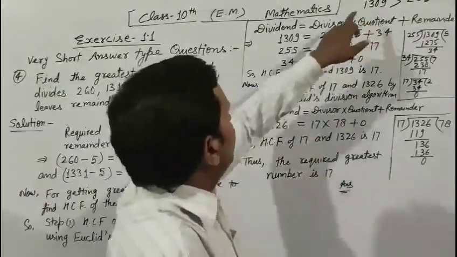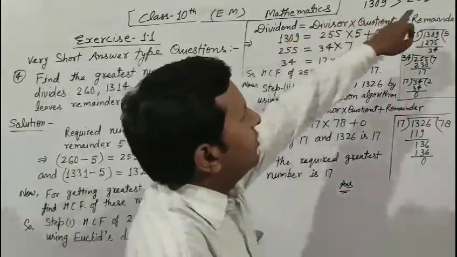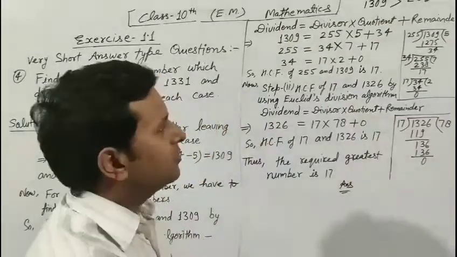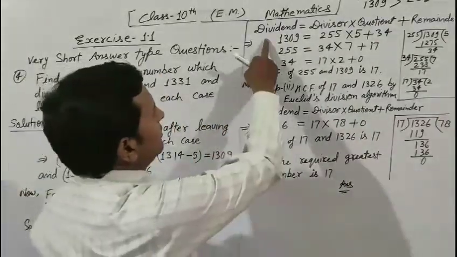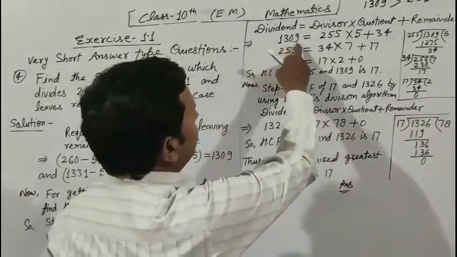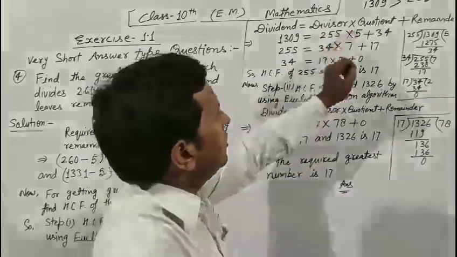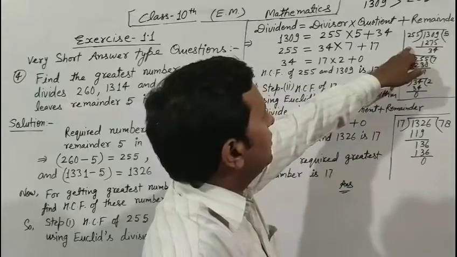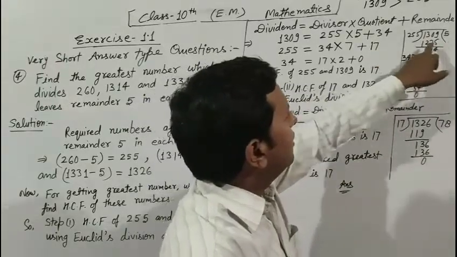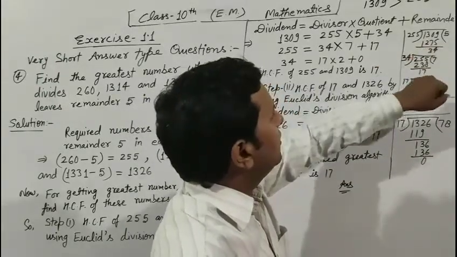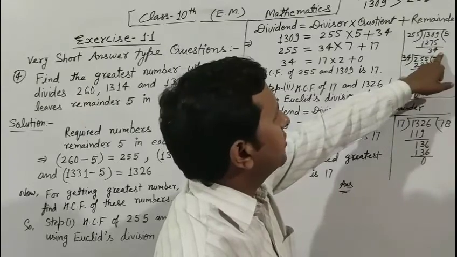The greater number is always the dividend and the smaller is the divisor. So the dividend is 1309 and the divisor is 255. For the quotient, 255 times 5 is 1275, so we get remainder 34.